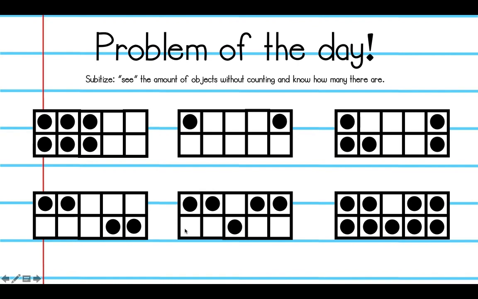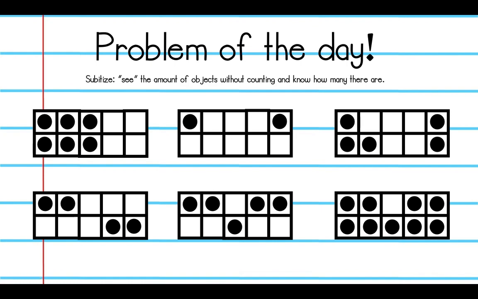Problem of the day. So this is subitizing, which means basically you are looking at each one of these. This is a warm-up to our lesson, and you're just looking at this and seeing if you can say what the number is, how many, without actually counting. So if you can look at this, and I know that's not how we normally do our counters on our 10 frame.